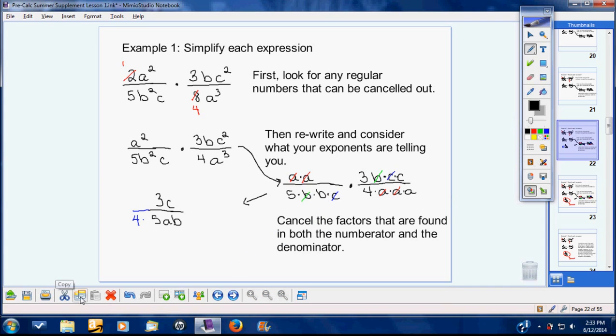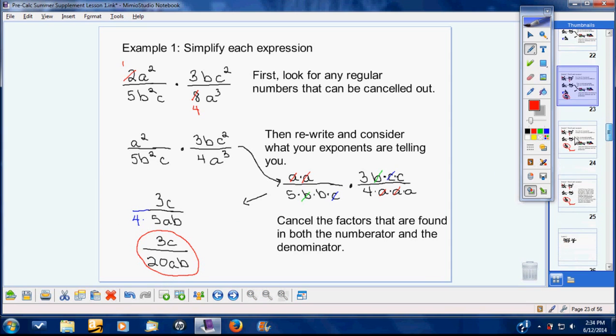So then we can simplify that thing, and this turns into 3C over 20AB, and that is your final answer. You always want to simplify, and then you want to clean up your answer a little bit. You wouldn't leave it as 4 times 5. So we've got to be careful with all of these things. So this is the answer.